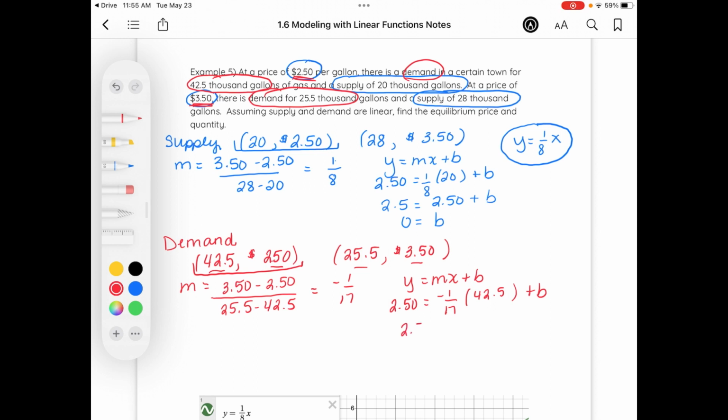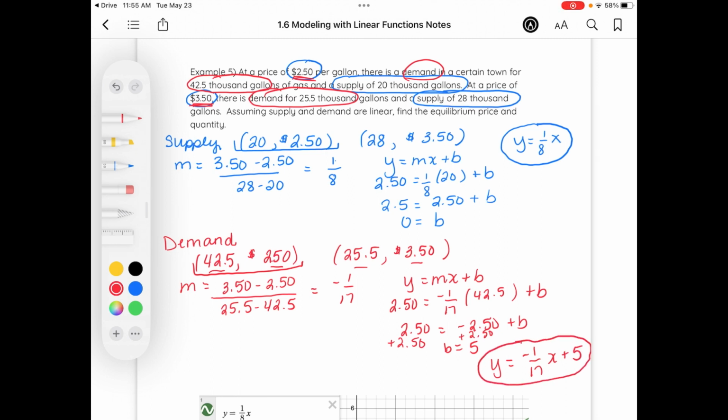This gives me 2.50 equal to negative 2.50 when we multiply, plus b. So b is equal to 5 when I add 2.50 to both sides. We now have our demand equation: y is equal to negative 1/17 x plus 5.